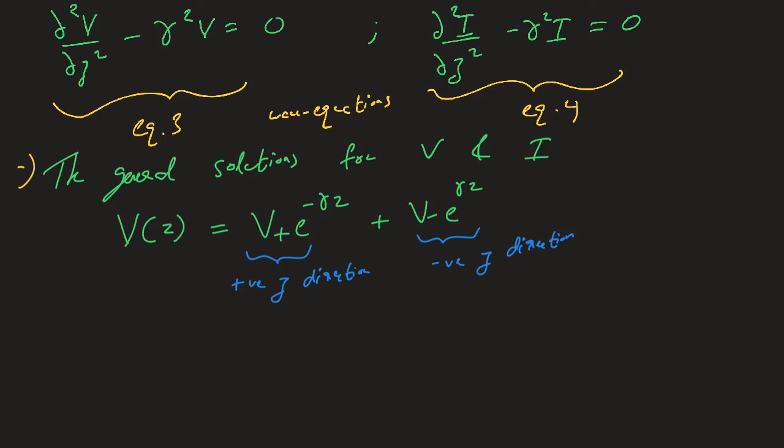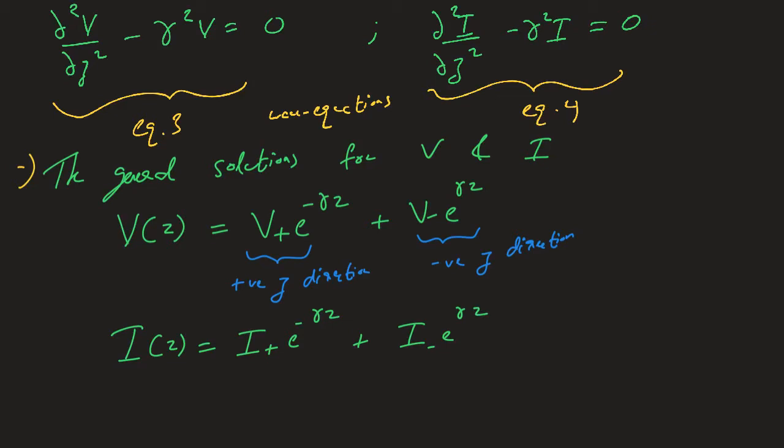Similarly, the current is also a second order linear homogeneous differential equation. So in general, the solution for the current would also be some I forward propagating e to the minus gamma z plus some I negative e to the plus gamma z.